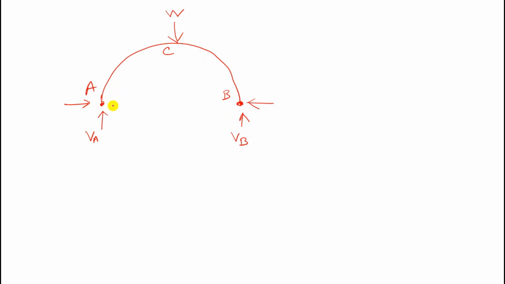Now this is a circular arch, a semicircular arch, so we have the radius, say the radius is R.